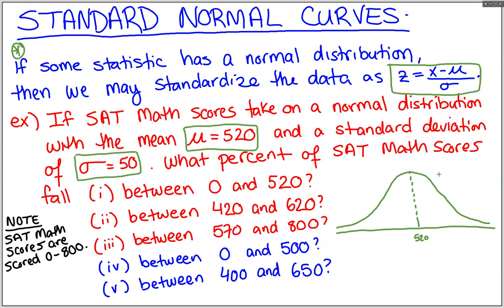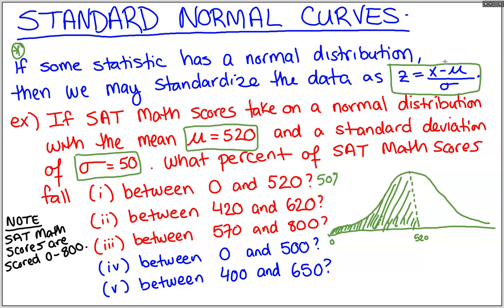The first question is asking what percent of the data falls from 0 to 520. If 0 is somewhere out here, it's all this stuff right here. So what is that? Well, it's half the area under the curve, and since we know that normal curves are symmetric, we can say 50% of the data falls between 0 and 520.